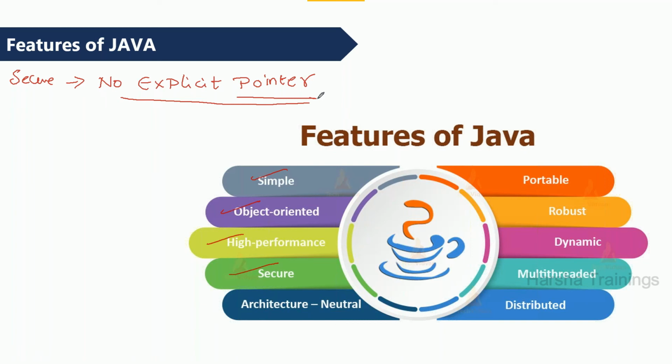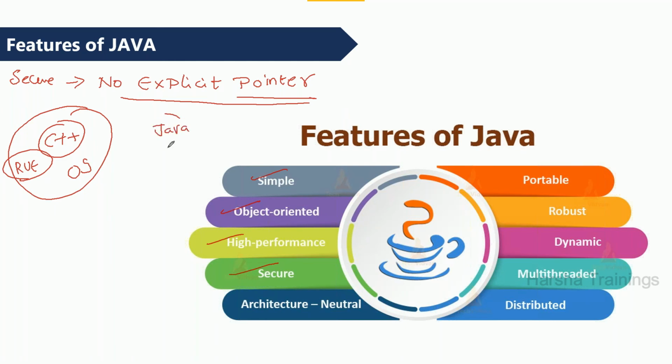One more thing. For example, consider C++. Here you are writing your C++ program, and it runs directly on the operating system. Here we have some runtime environment, and in that particular environment the C++ program is executed. But coming to Java, this is your Java application.